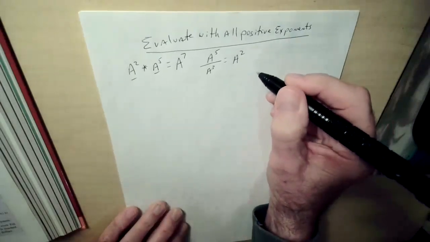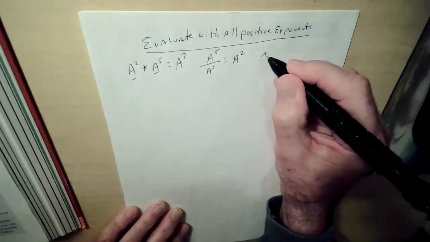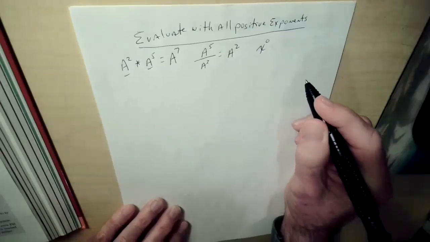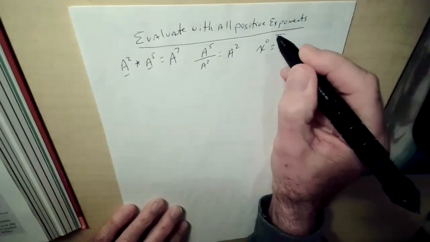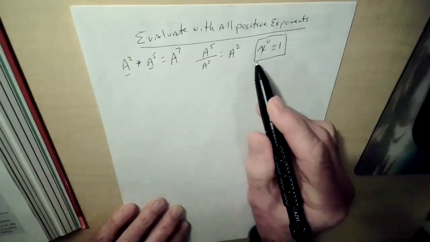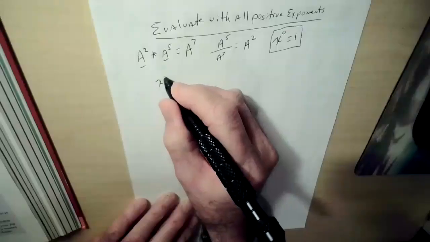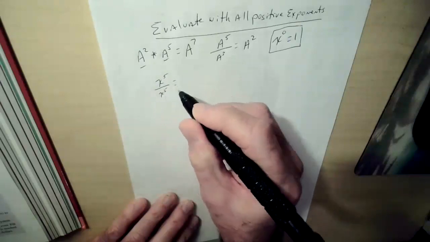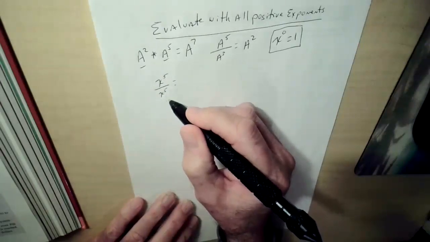Now, one thing you're going to have to remember is if you have any number to the 0 power, you think it would be 0, right? Well, it's not. It's 1. You're going to have to remember this. This is the reason for this. If you have x to the 5th divided by x to the 5th, what's any number divided by itself? 1.